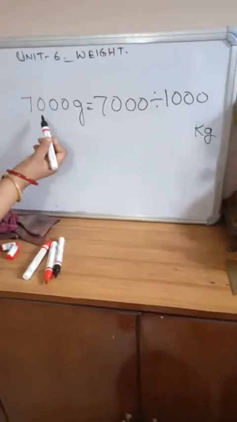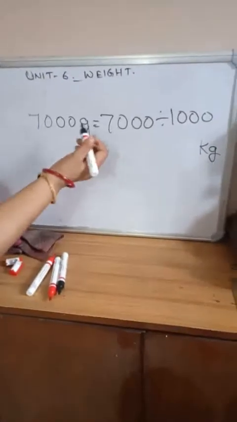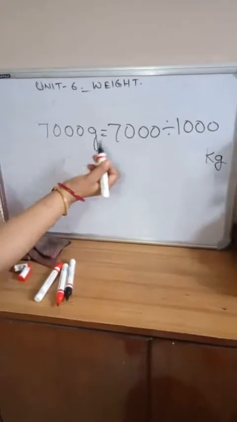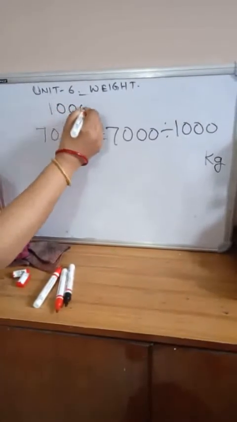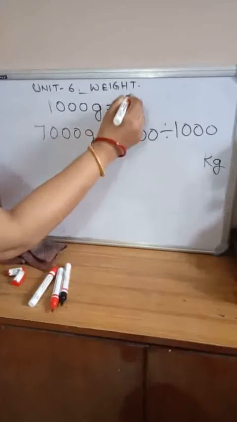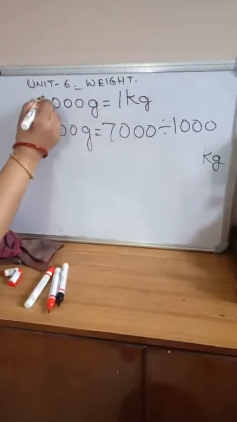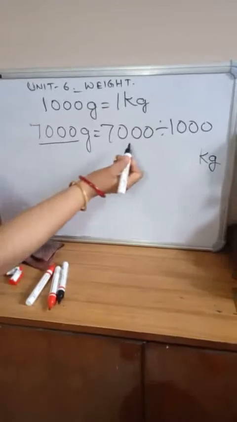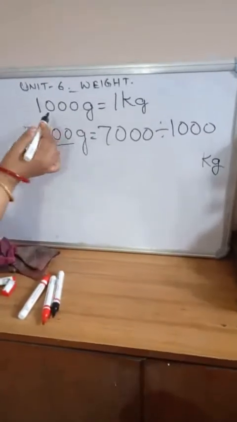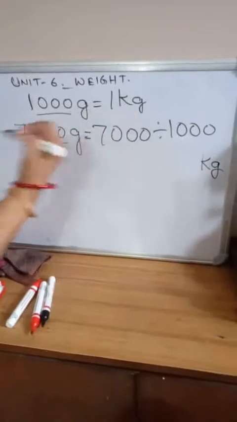Now this 7000 gram, we have to convert it into kilogram. As we all know that 1000 gram is equal to 1 kilogram. So in order to convert gram into kilogram, we divide the number of gram by 1000. Why? Because 1000 gram equals 1 kilogram.